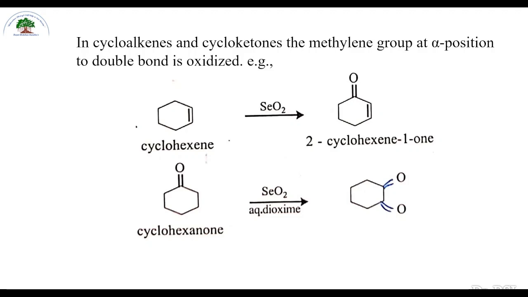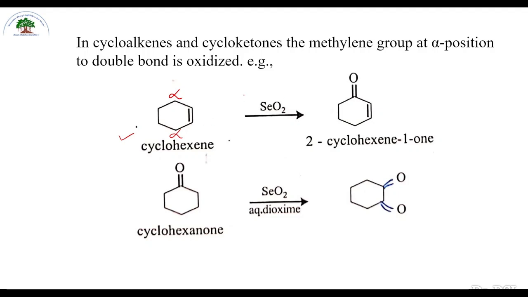In cycloalkenes and cycloketones, the methylene group at alpha position to the double bond is oxidized. Here, when we take the example of cyclohexene, this is an alpha position and this is also an alpha position.